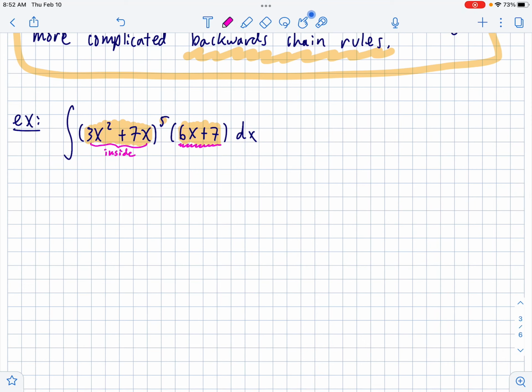The way you do it is you define the inside function as U. So you say, let U be equal to the inside function, 3x squared plus 7x. Now, I mean the inside function of like the something to the 5th power, not the inside function. Like this, the front part is the inside function. The back part is just the derivative of the inside.